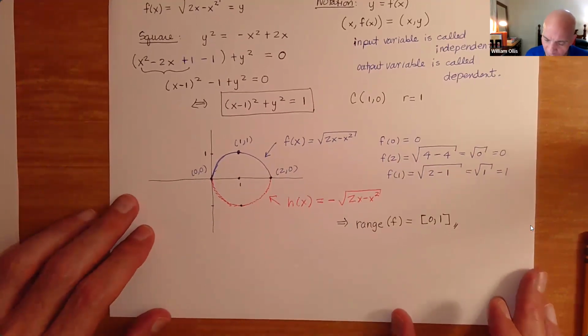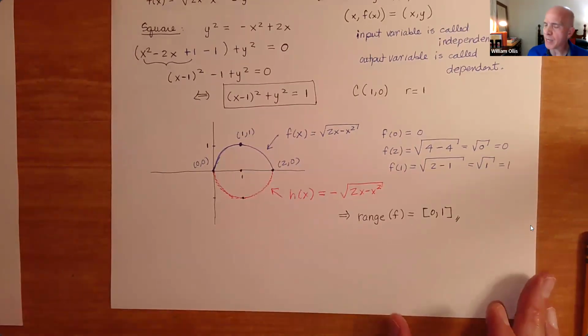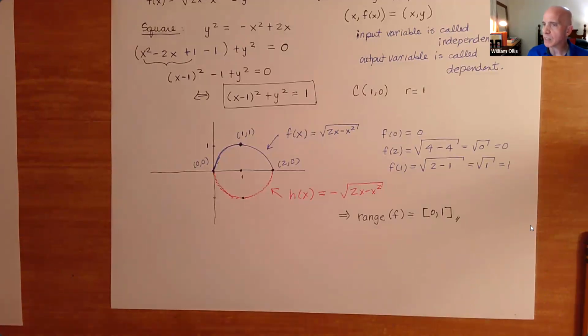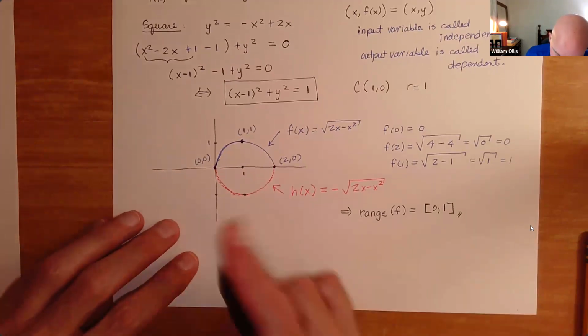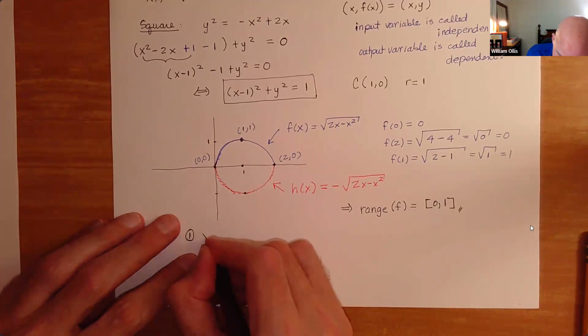Now, one thing that we want to notice here is that there are a couple of things that we do working with functions that seem to be very straightforward, but we need to give them some names. For instance, the first is called the x-intercept.